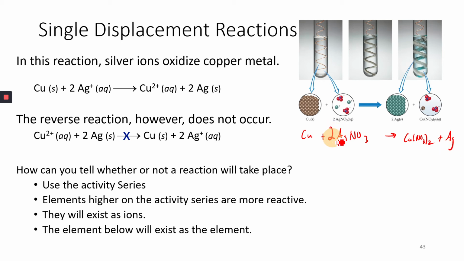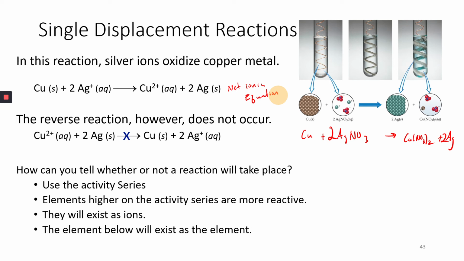So when you balance that, you end up with the 2's there. But this here is your net ionic equation. And if you look at the picture here, they're putting copper in silver nitrate solution. You see that a white kind of precipitate is forming on the copper, and there's some bubbles forming. So that white stuff that you're forming is silver, and then you end up with copper nitrate in solution.